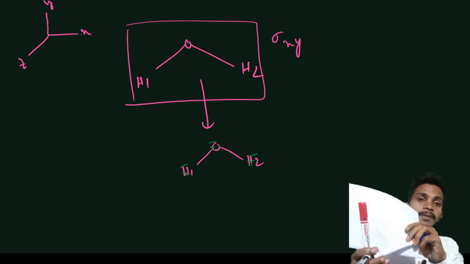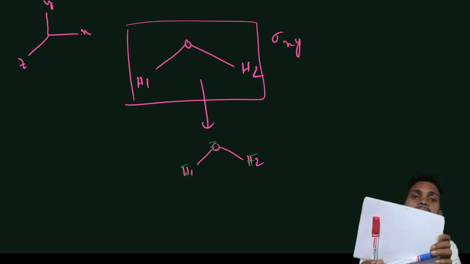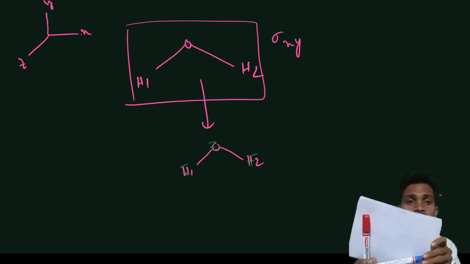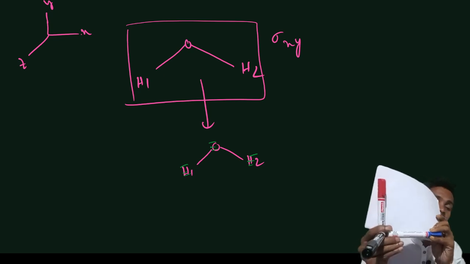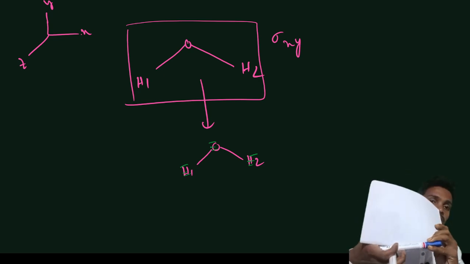So which will get replaced? This z will get replaced, because these contain the plane. The ones contained in the plane will not get replaced, so this will be reflected, which will replace this black one, and that will go to the back side.